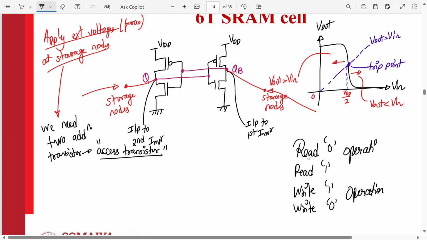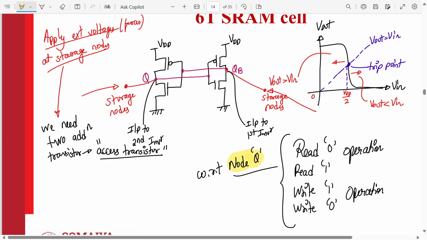Whenever we talk about these operations with respect to the SRAM memory cell, they are with respect to node Q. So read 0 means reading 0 at node Q, reading 1 at node Q, writing 1 at node Q, writing 0 at node Q. The QB node will change accordingly, since it's a cross-coupled inverter.